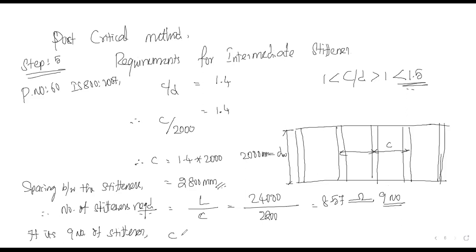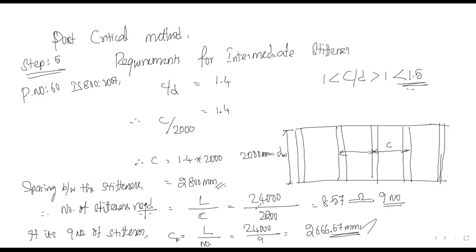If it is 9 numbers of stiffeners, then what will be the spacing provided? L divided by number, so 24,000 divided by 9 becomes 2666.67 mm.